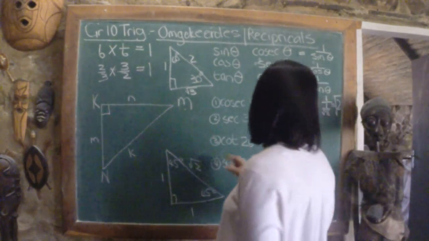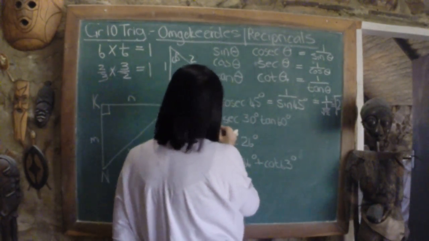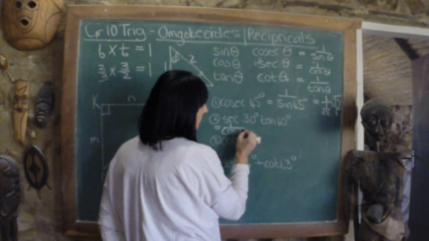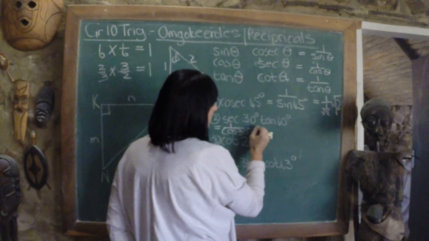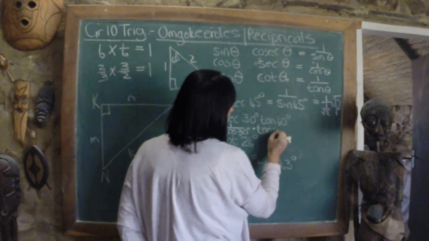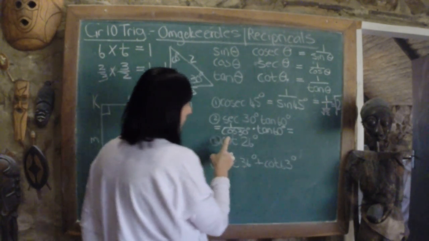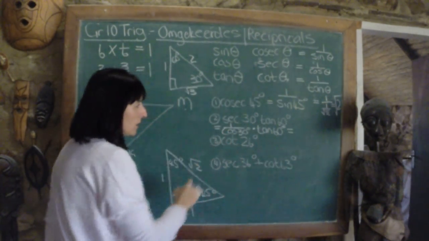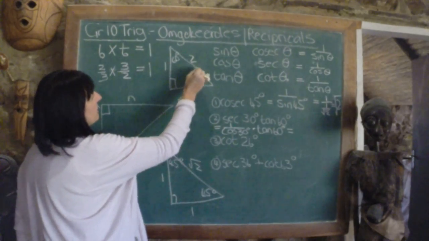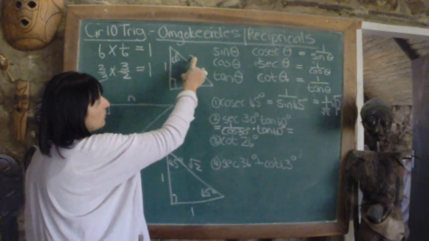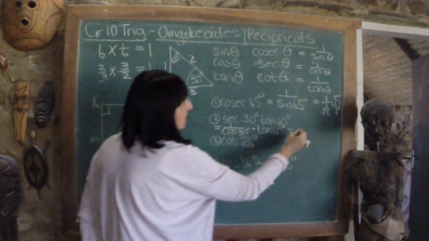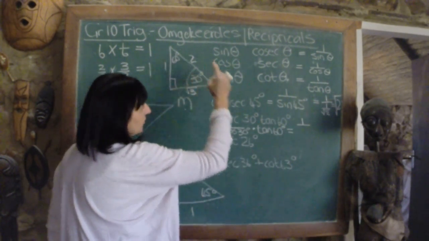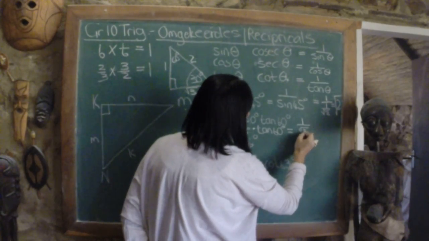Sec van 30, onthou, sec is, rewrite it as 1 on cos 30 times the tangent of 60. So as ek gaan kyk na my spesiale driehoek, onthou sec het juffrou gesê is 1 op cos, I'm going to rewrite it. Cos van 30 is aangrensend op skuinssy. So dis 1 op aangrensend op skuinssy, wortel 3 op 2.